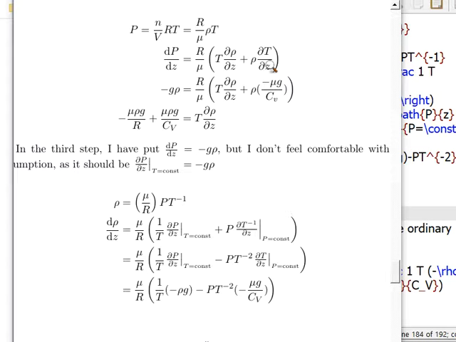Or would those two things be independent? If they're independent, then this would be the expression.